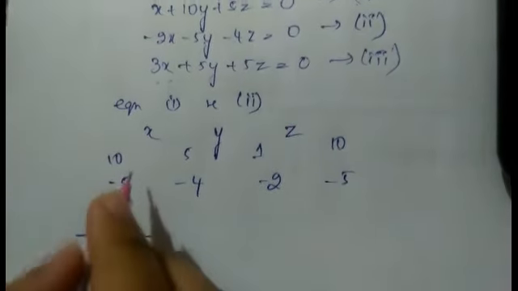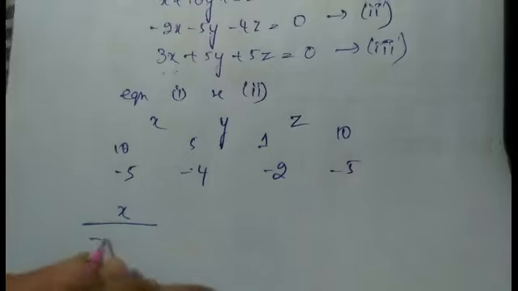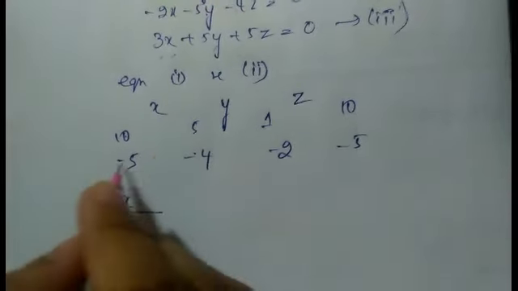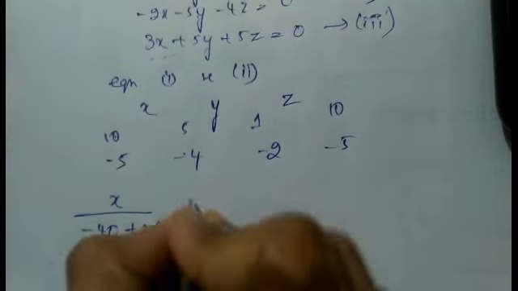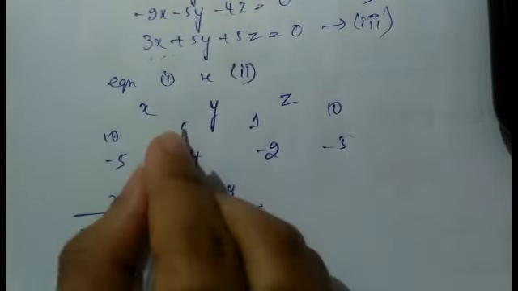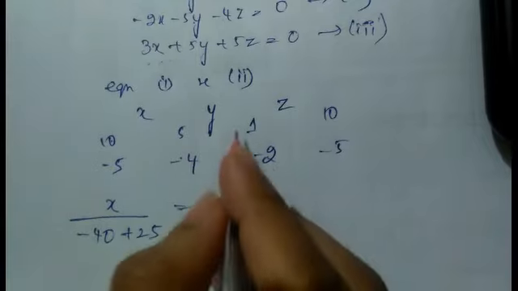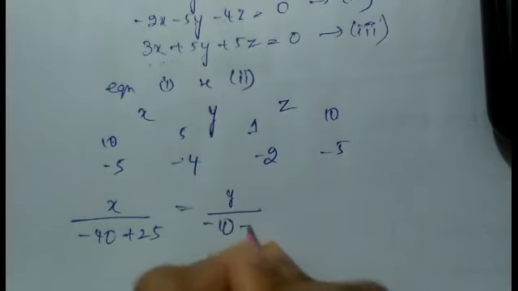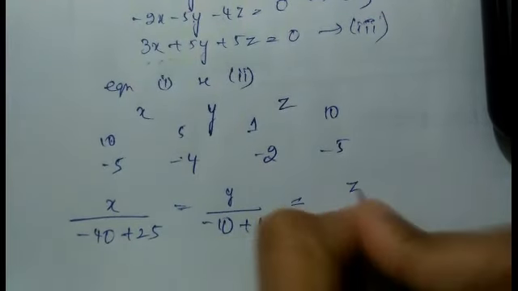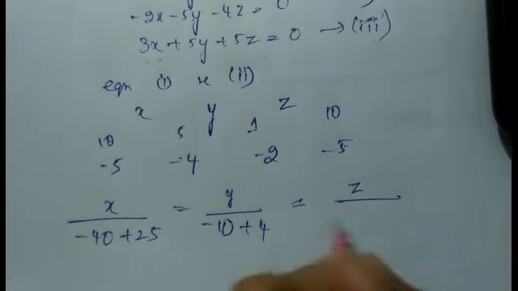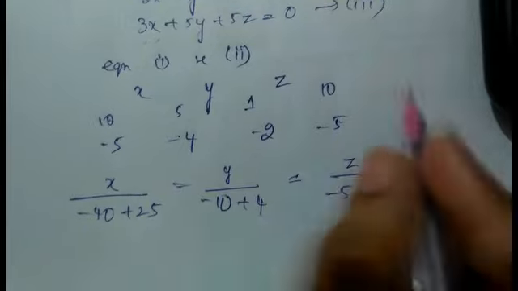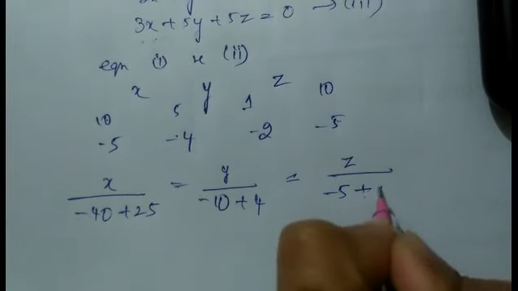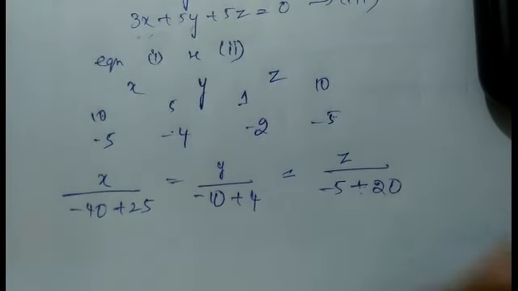So when we solve this, 10 into minus 4 is minus 40 and minus into minus is plus 25, that equals to y by minus 10 and minus of minus 4, that is plus 4, and that equals to z by minus 1 into minus 5 minus 5, and 10 into minus 2 is minus 20, and minus of minus 20 is plus 20.